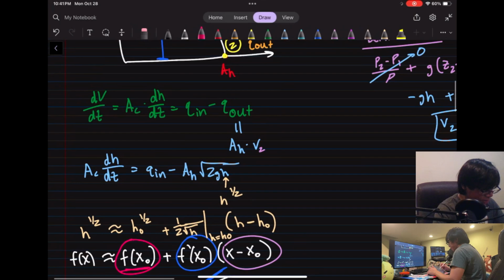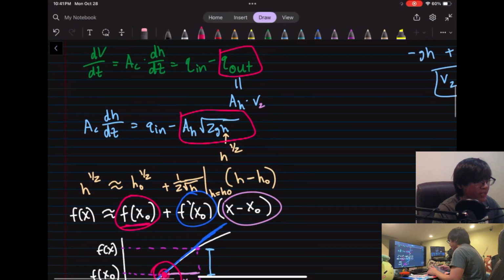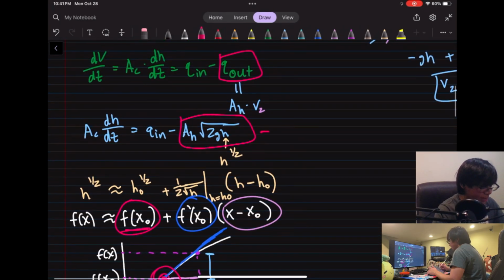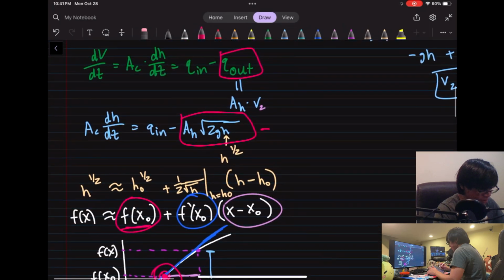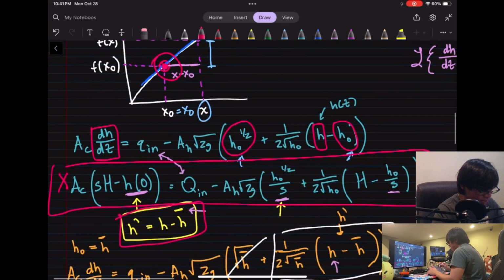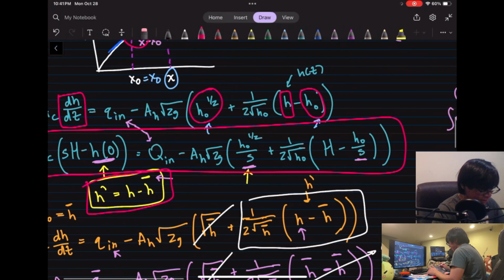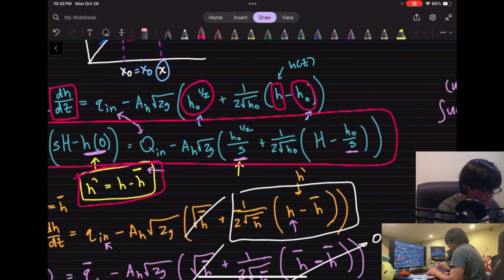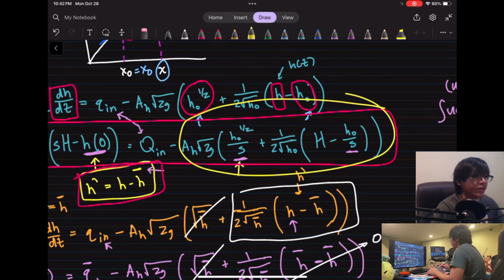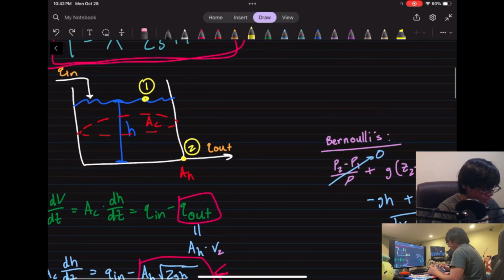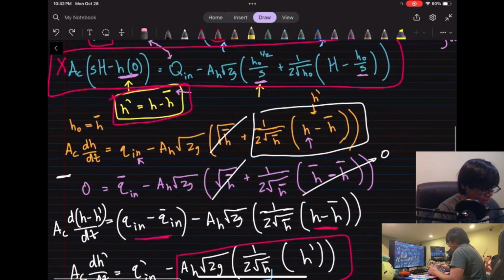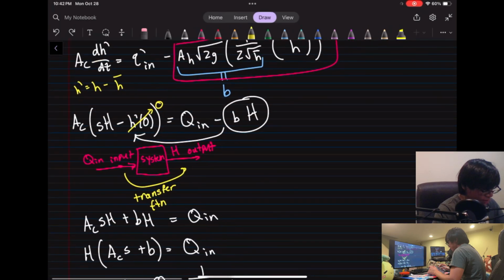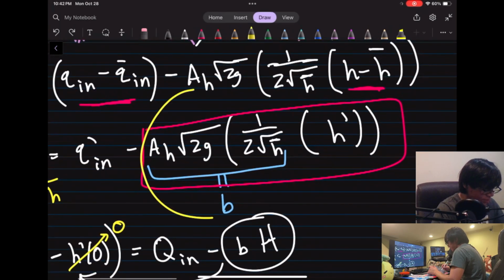Remember, we expanded this right all the way from here when we did Bernoulli's, and then we did the Taylor series expansion. That's not it, but so this was Bernoulli's, and then this was the Taylor series expansion. Pretty much this entire thing. So when we simplified it down after subtracting from the initial steady state solution, we got, oh yeah, we just used B, didn't we? So we just used B.